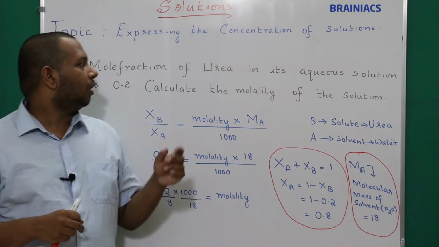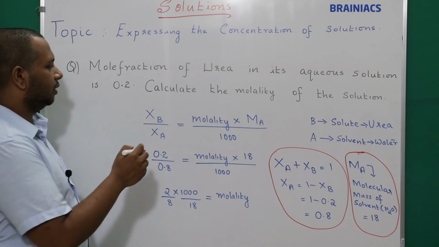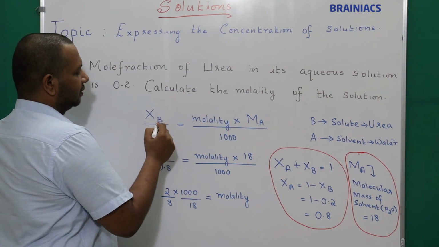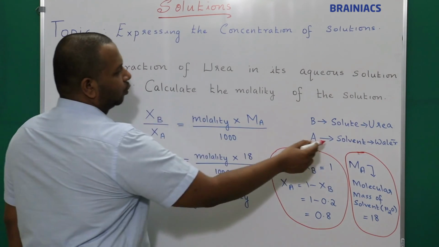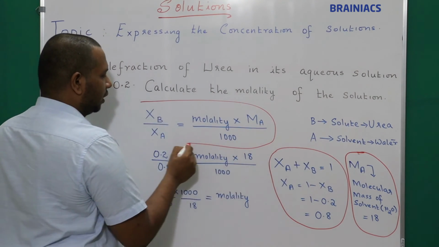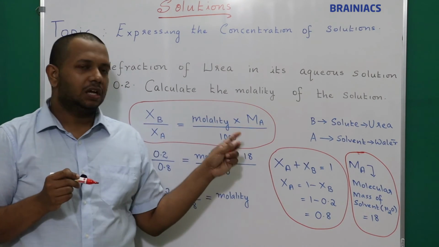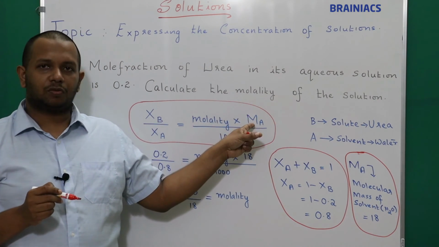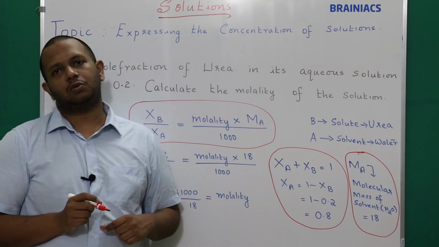I know how to link mole fraction and molality, so I will use my fundamental formula XB by XA. Here B is the solute, urea, and A is the solvent, water. XB by XA is equal to molality into molecular mass of the solvent A divided by 1000.